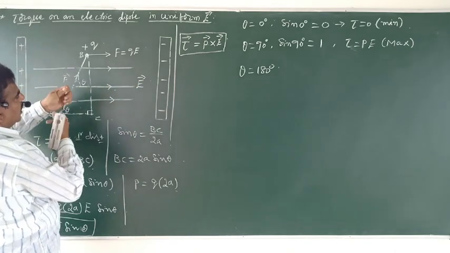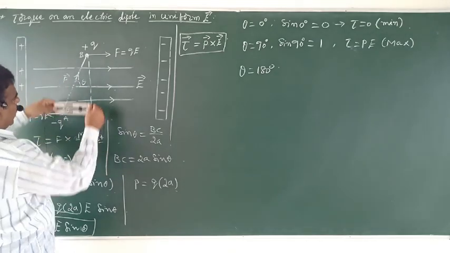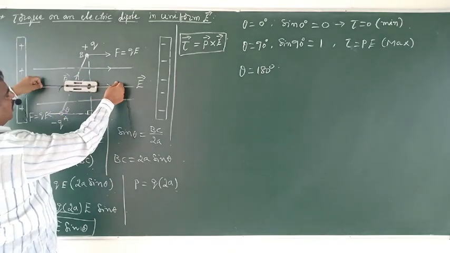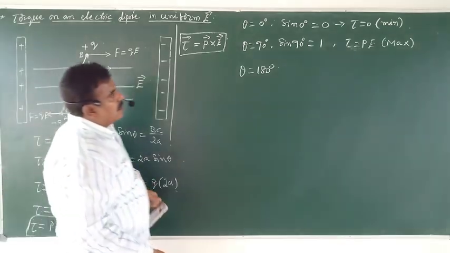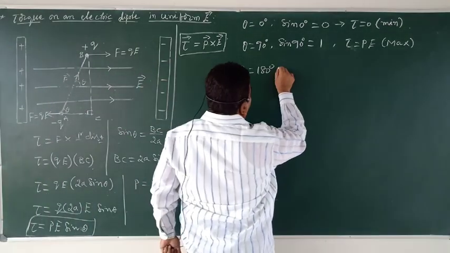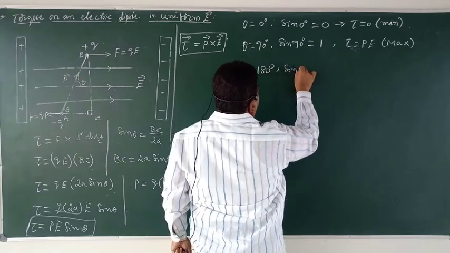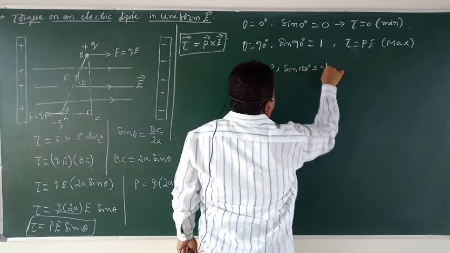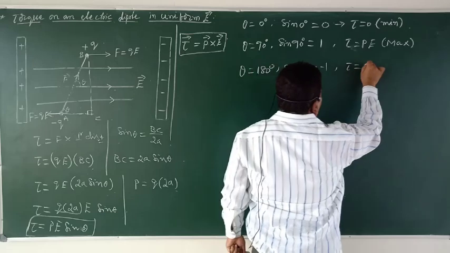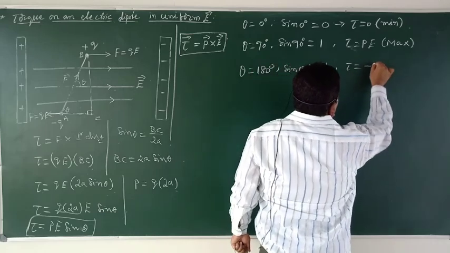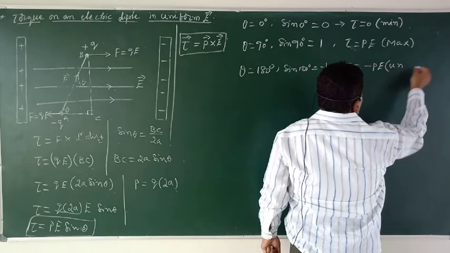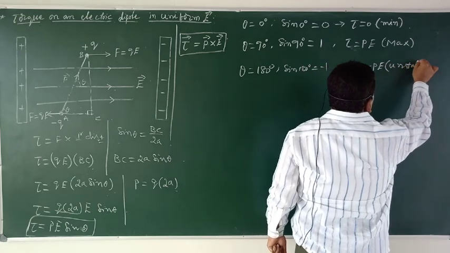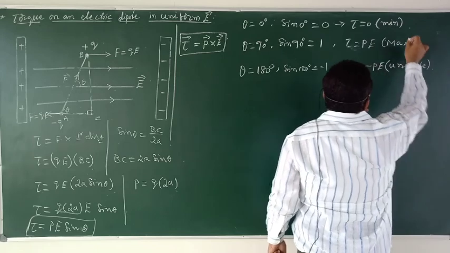That is why theta equals 0 degree position is called stable equilibrium. Theta equals 180 degree is called unstable equilibrium. When theta equals 180 degree, this is minus 1, torque is minus pE. This position is called unstable equilibrium position.